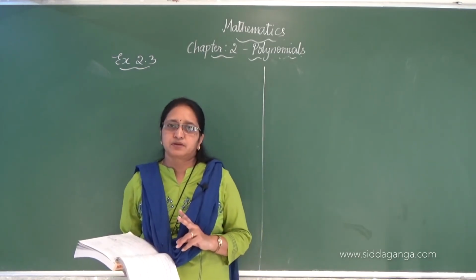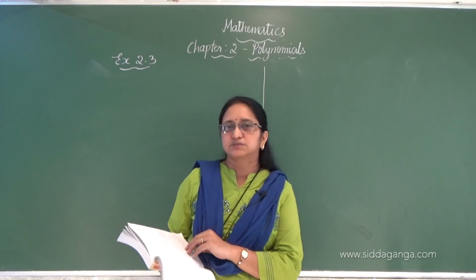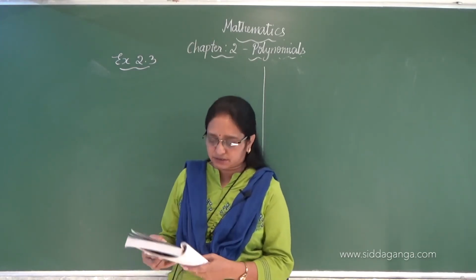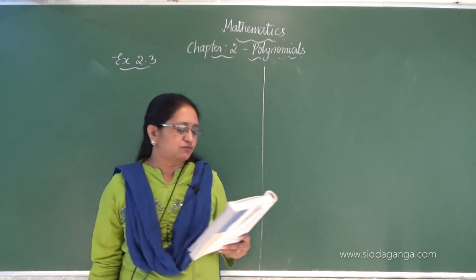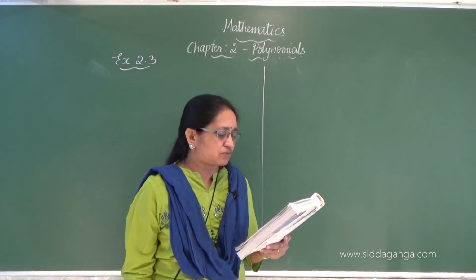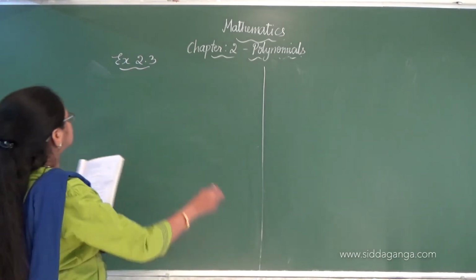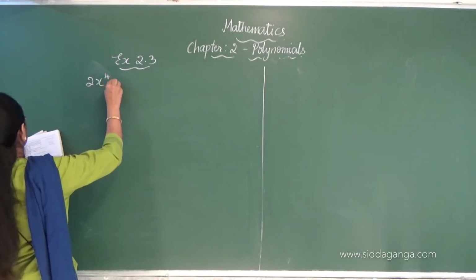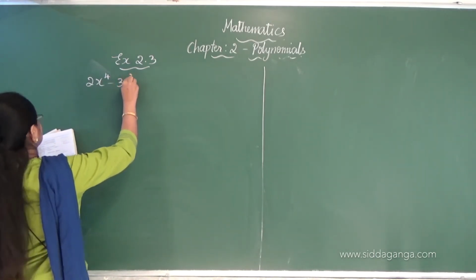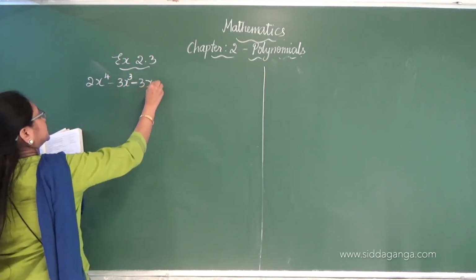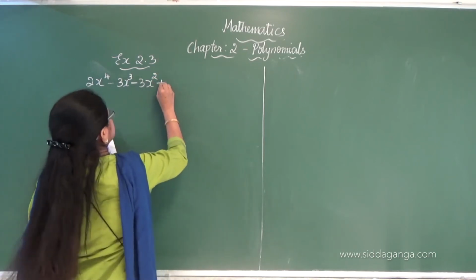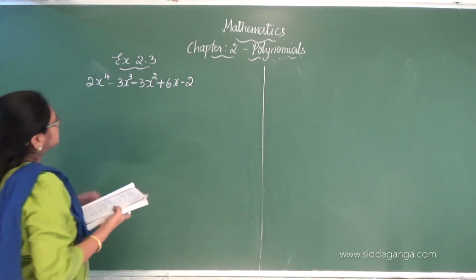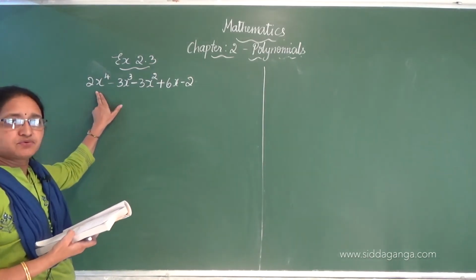So, before doing the exercise problem, I will do one example problem, that is example 9 in your textbook. Find all the zeros of 2x to the power of 4 minus 3x cube minus 3x square plus 6x minus 2. So, this is the polynomial of degree 4.